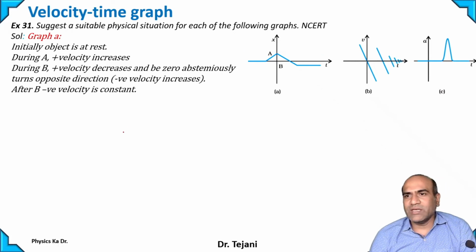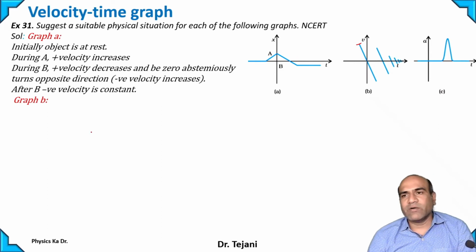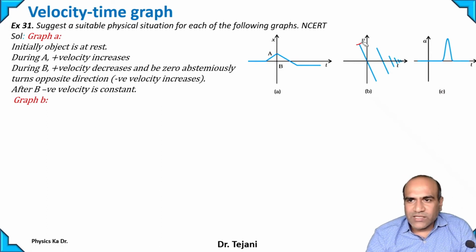Now B. Velocity starts from V in graph B, and linearly it is decreasing.